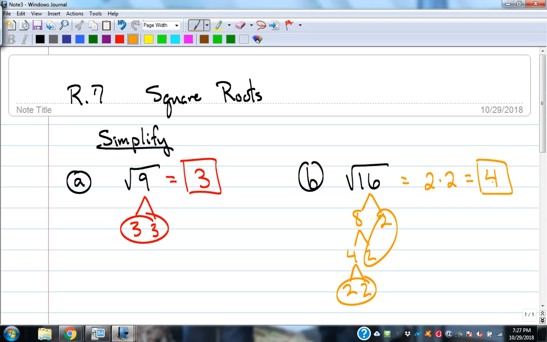That's where the 4 is coming from. When we're simplifying square roots, we're looking for pairs. And the factor tree method is my way of doing it. Some people have you memorize all the square numbers and then divide. I'd rather just do a factor tree and count pairs.